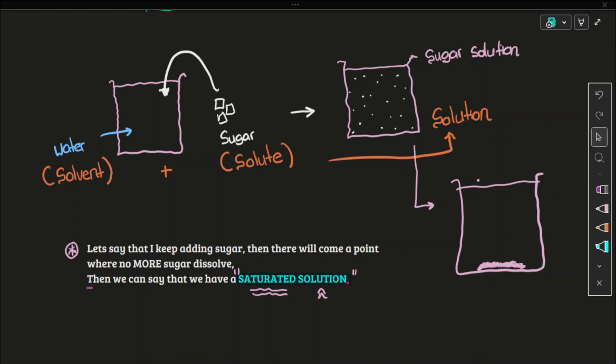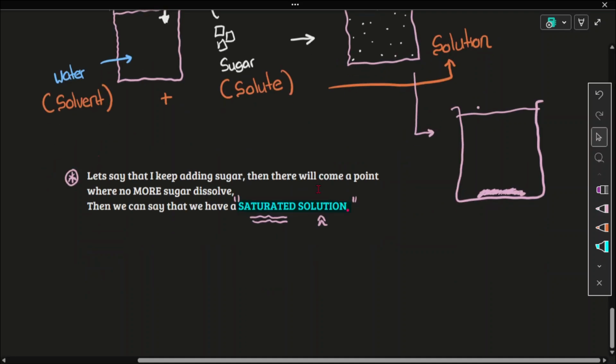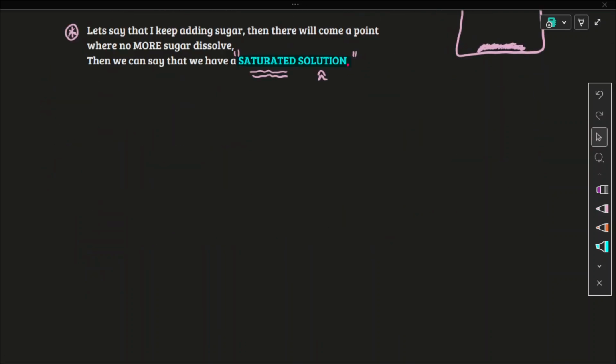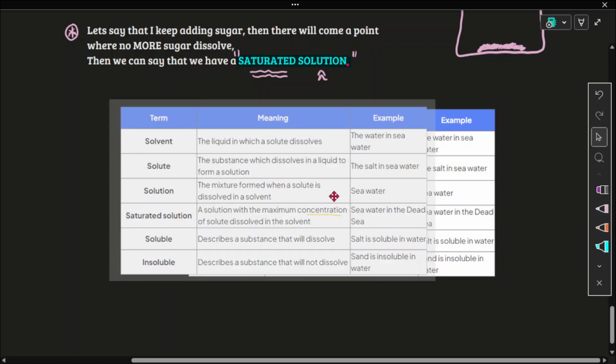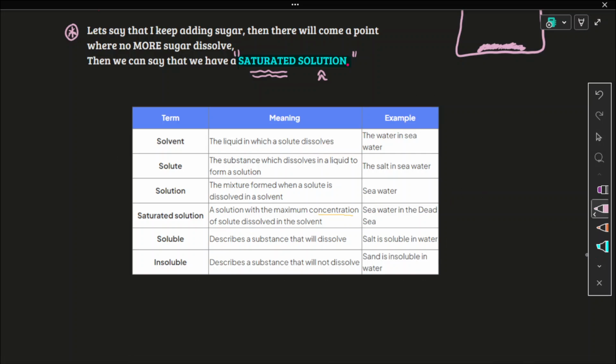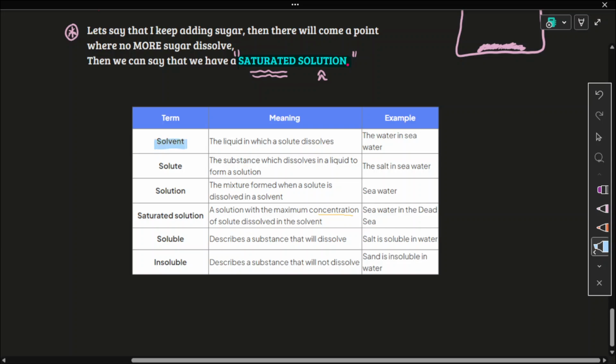Alright, to break everything down, make sure nothing's confusing, and give a small summary of everything that we learned, pay attention to this table. I'm going to run you through the table quickly. The solvent is the liquid.